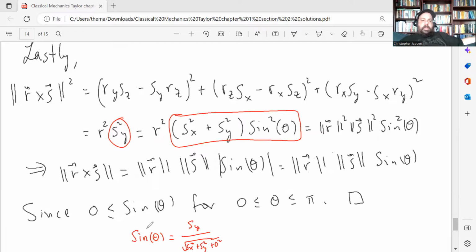And if you square both sides, and then multiply through by S_x squared plus S_y squared, you'll get that this is equal to that. Right, so it's just from the geometry. Okay, and let me just clear that.